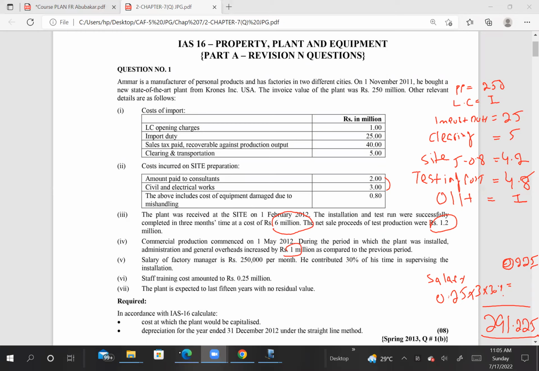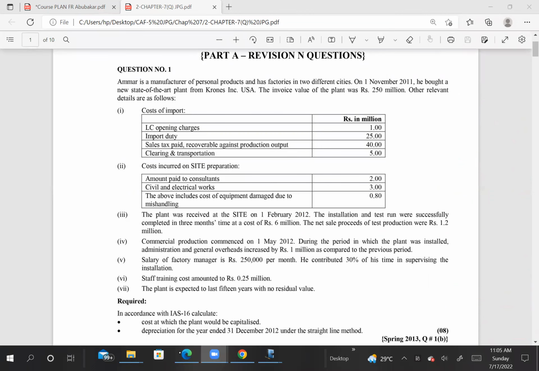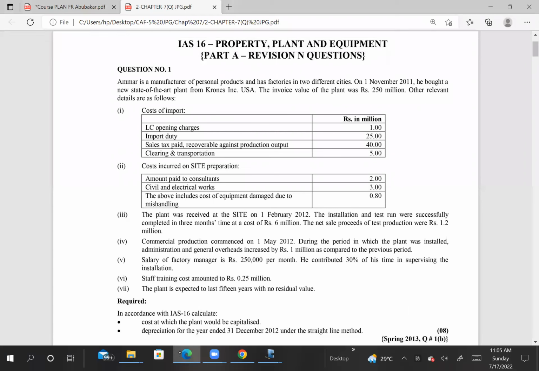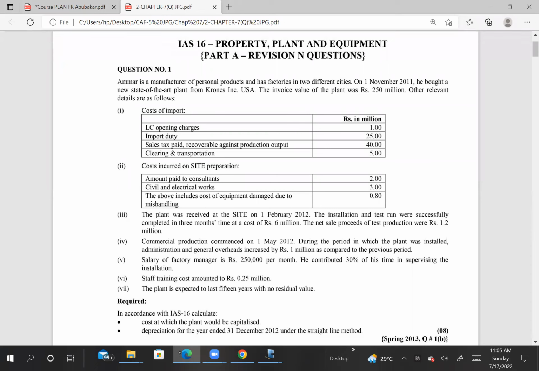So we have 291.225 cost. Yes, we have capitalized 1 million. This 1 million has been capitalized.